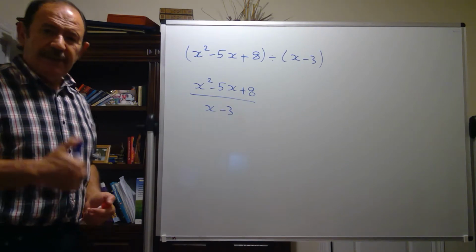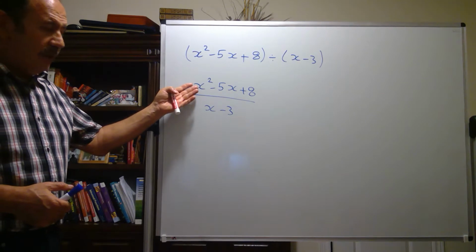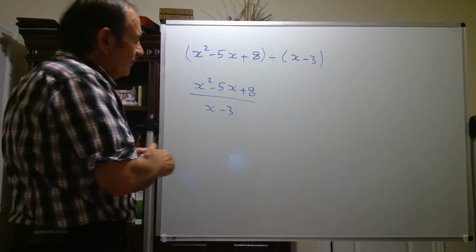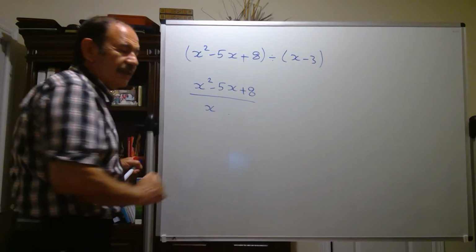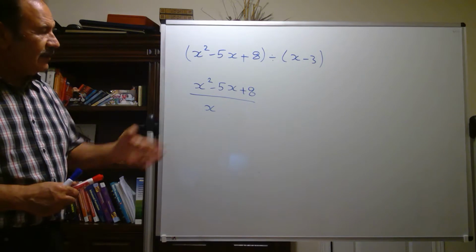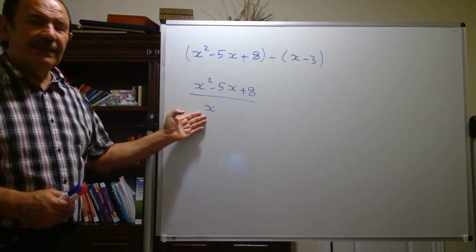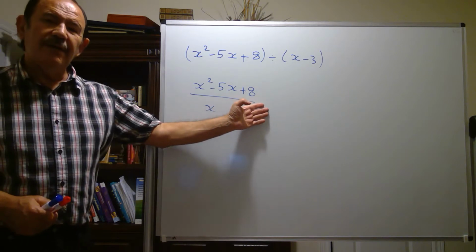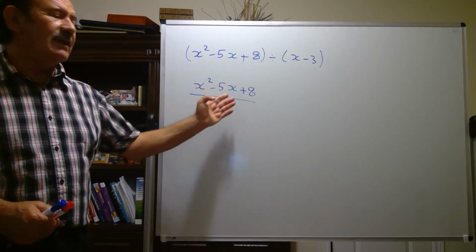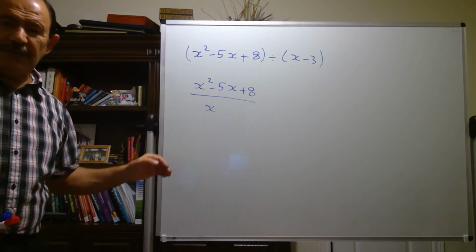If you remember in the other video how we can divide polynomial by monomial. As an example for this one, if I erase this x minus 3, then it's polynomial by monomial, that we can separate with the same denominator: x squared over x minus 5x over x plus 8 over x, and then we can reduce top and bottom.